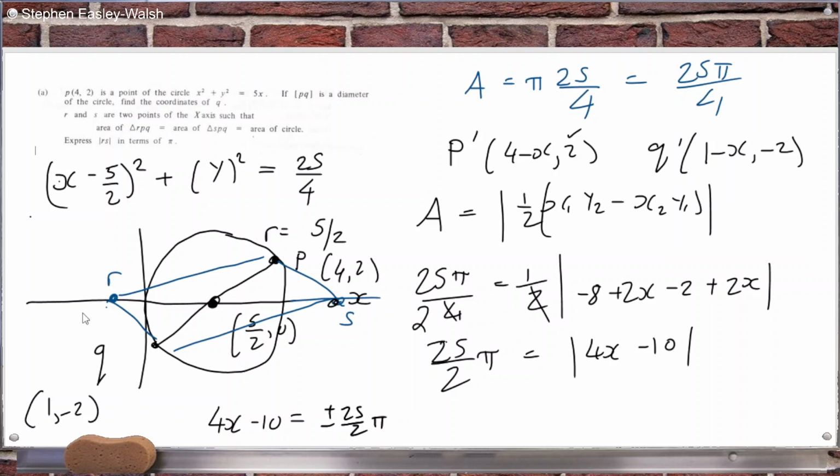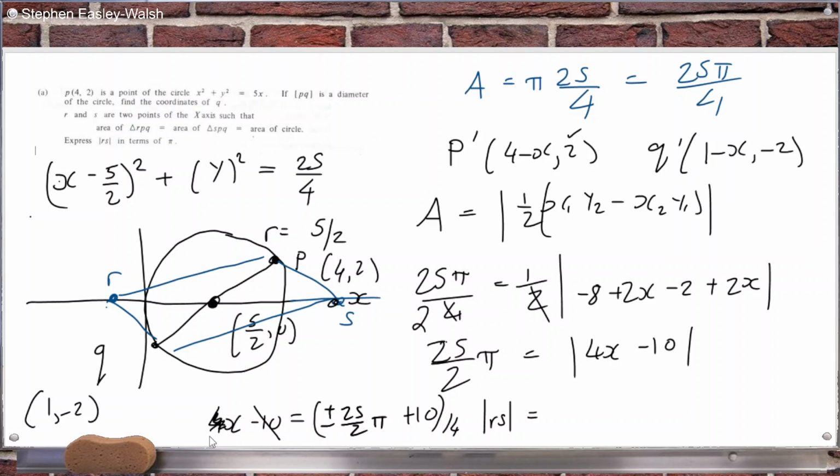So that's why there's two answers. And we're just looking for the distance, or RS. So it'd be the bigger answer minus the smallest answer. So I just add the 10 here and then divide by 4. I've kind of run out of space, but I'll just put it there over 4. So that's the x.